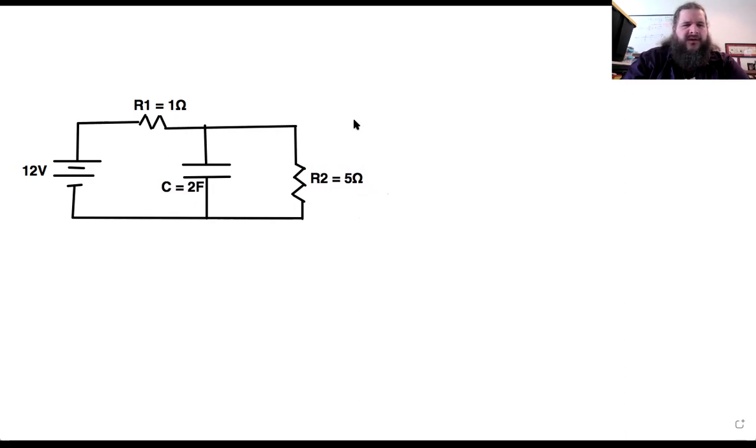And what we want to do here is make graphs of the charge on the capacitor at any time and the current through each resistor at any time. So that's our goal here. We want to make two graphs really. I guess we really want three graphs, but two of them we can put on one graph. We're going to want a graph of time versus charge on the capacitor.